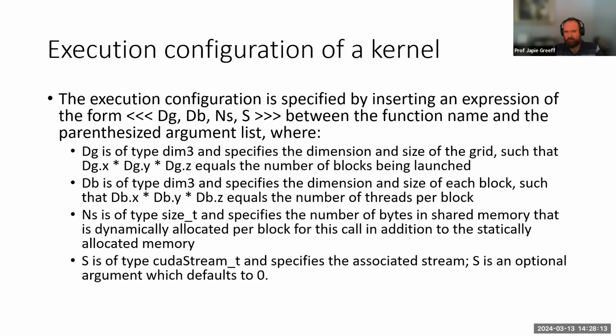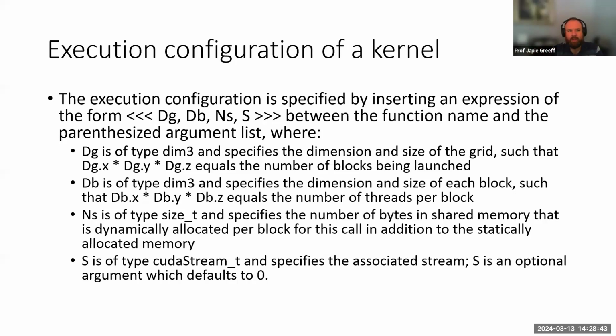The second variable is dB, which is also 3 dimensions, and that tells us the number of threads per block, okay? The third variable is the number of bytes of shared memory that is dynamically allocated per block for this call from the statically allocated memory. And the fourth variable is the associated stream. So this is optional, and we will talk about that a little bit later.